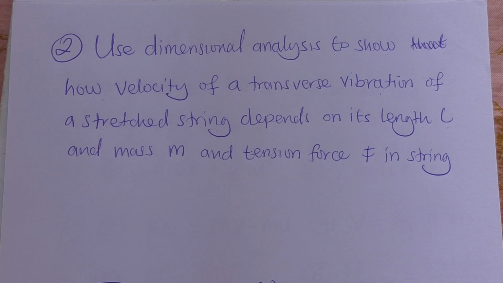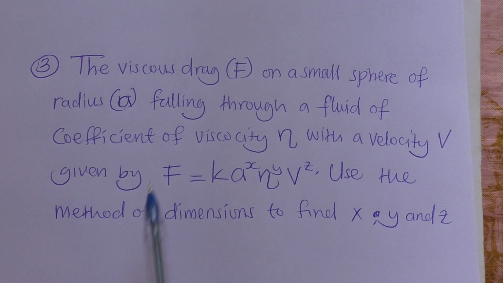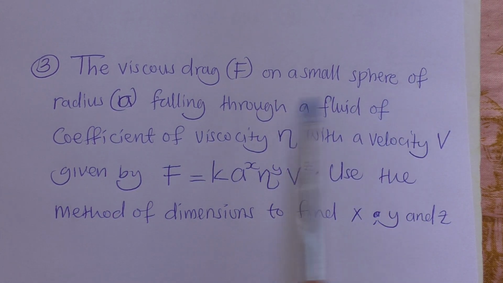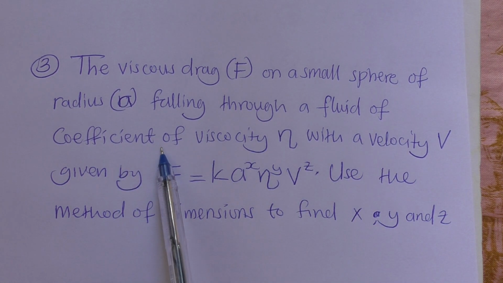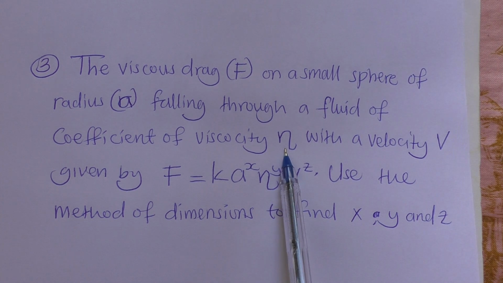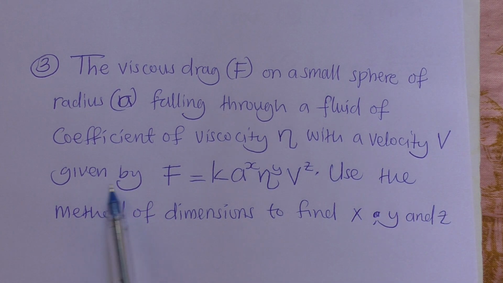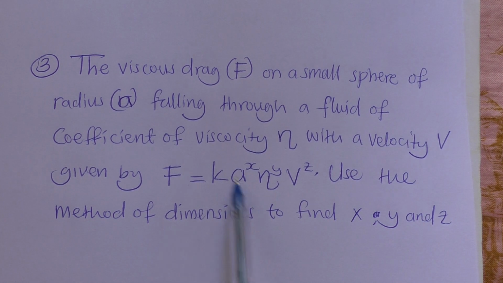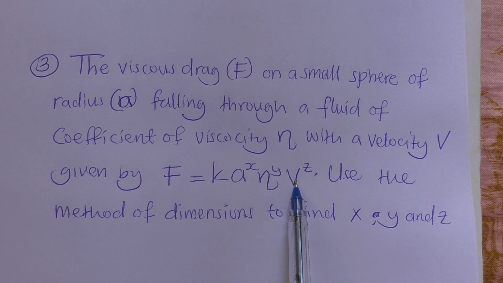Still, we also have number 3, which says that the viscous drag F on a small sphere of radius a falling through a fluid of coefficient of viscosity η with a velocity v is given by F equals k a^x η^y v^z, where a shows radius, η shows coefficient of viscosity, and v shows velocity.